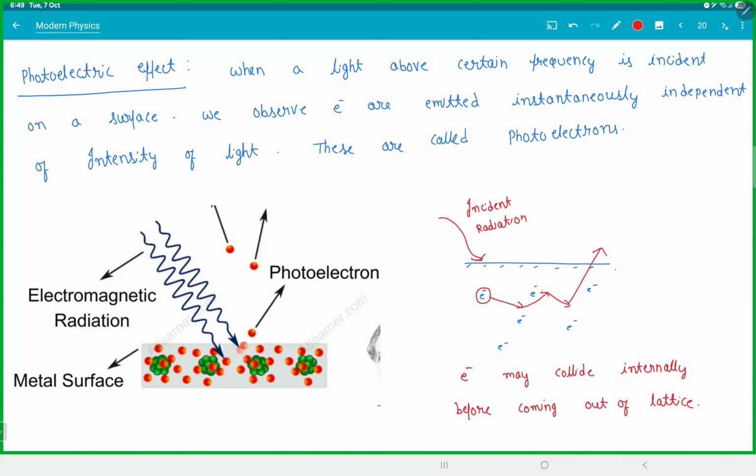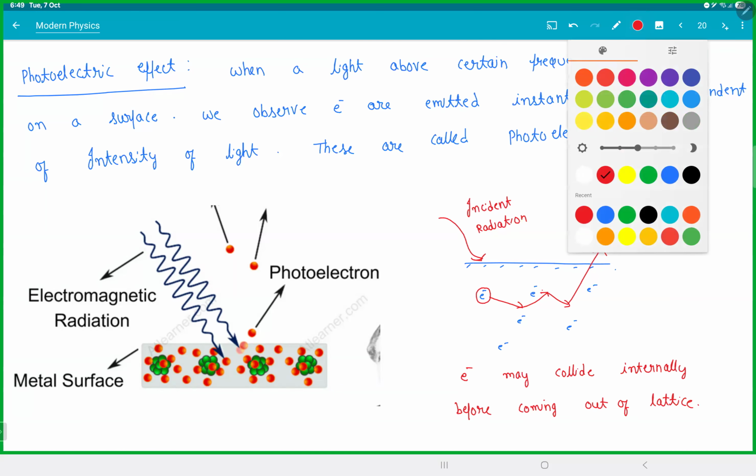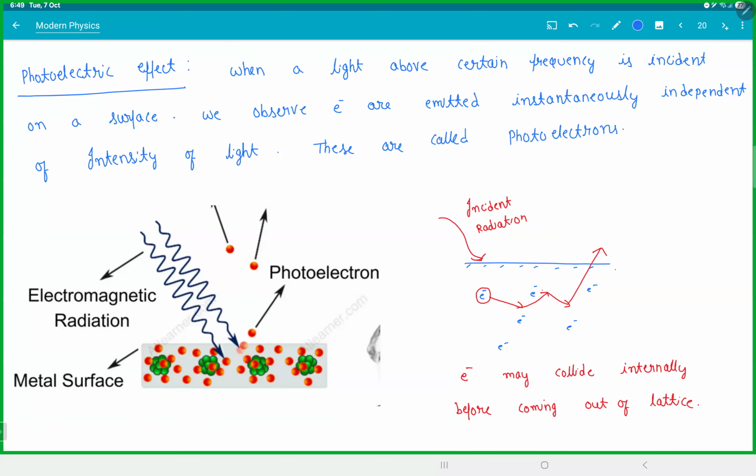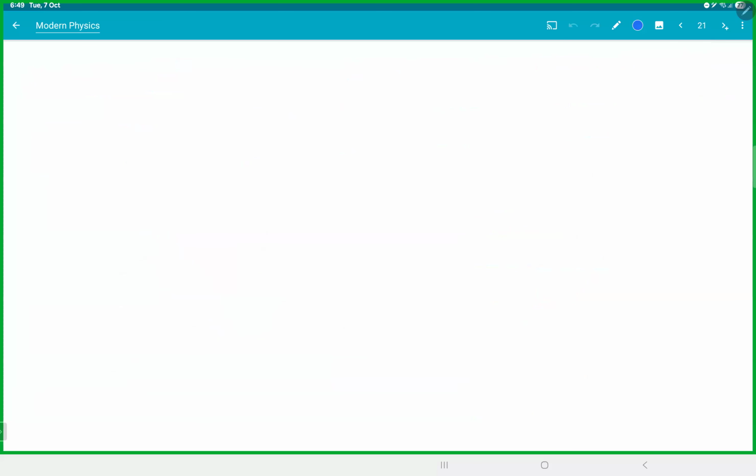Now, when you do this experiment, what are the observations? The first thing, the electrons come out instantaneously without time delay. The moment you shine the light, electrons are out.